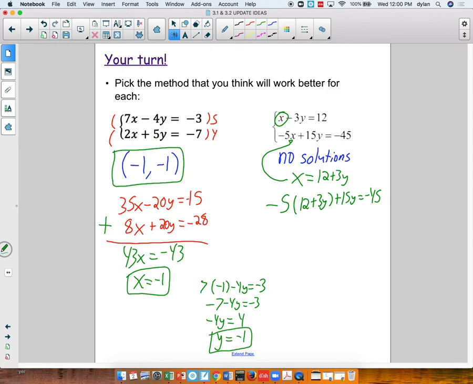And when we do our distribution, we end up with negative 60 minus 15y plus 15y equals negative 45. And you'll notice here that the 15y and negative 15y cancel out, and you're left with negative 60 equals negative 45. But because those two things are absolutely not equal, that tells us that our answer to this problem is no solutions. Which means graphically, those two lines are parallel and would never intersect with each other.